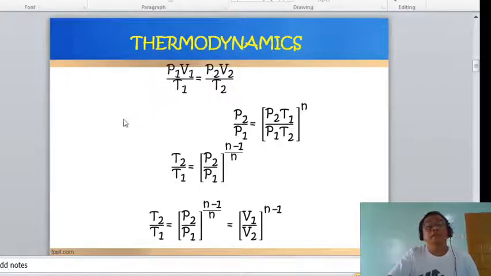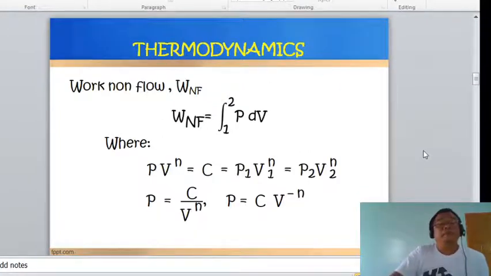And from the equation PV raised to n equals constant, getting the ratio of the pressures, P sub 2 over P sub 1 equals V sub 1 over V sub 2 raised to n. So this is the same as the formula in the previous slides.